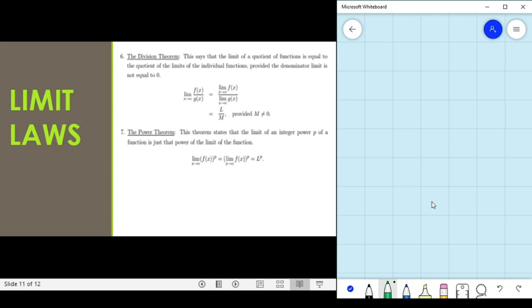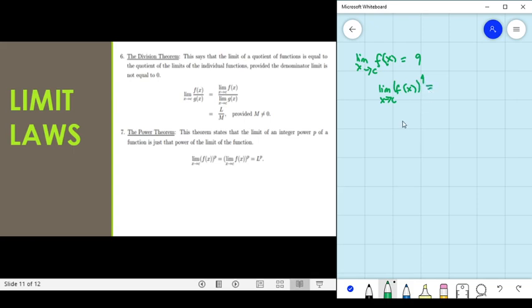Okay, so for example, if the limit of f of x as x approaches c is equal to 9, and the given situation is to find the limit of f of x to the power of 4 as x approaches c, we put the exponent 4.